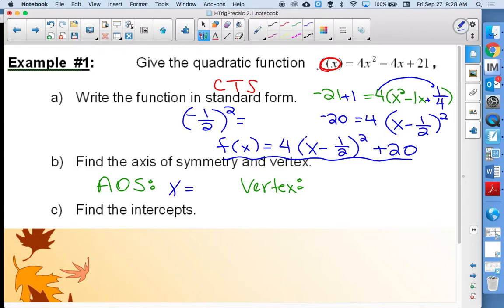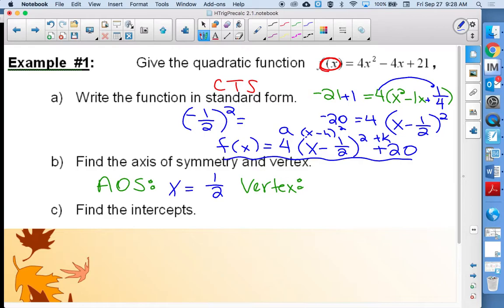So what letter is the axis of symmetry in the problem? H. So here's a, x minus h, and here's k. So it's a half. So this number right here is your axis of symmetry. Whatever number's in the parentheses, that's h.